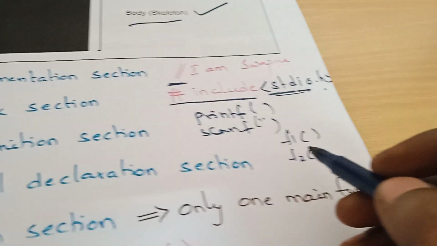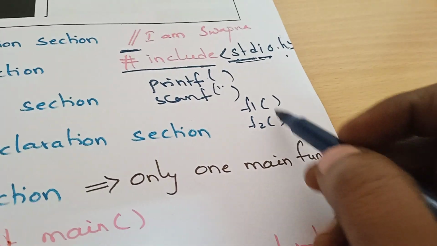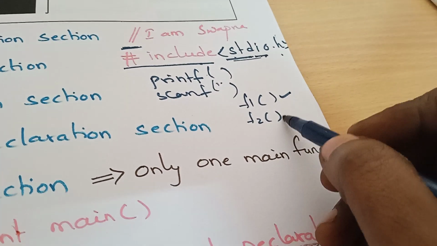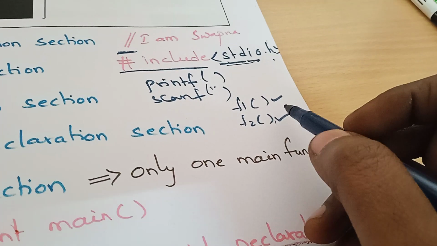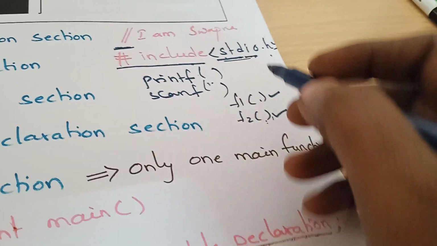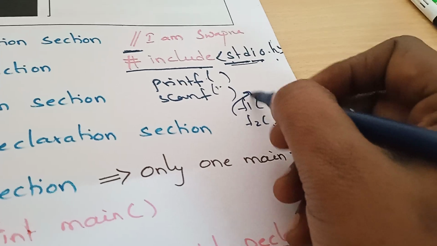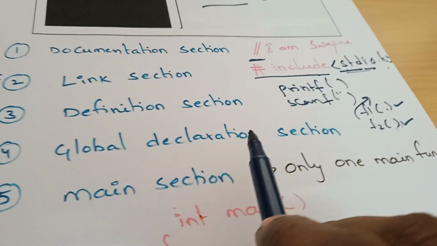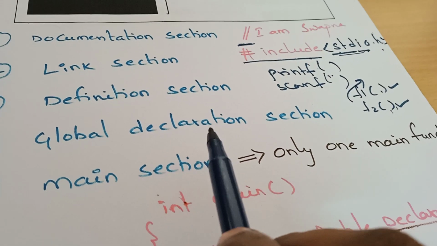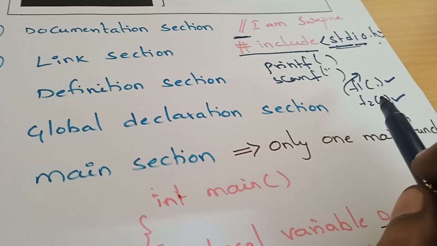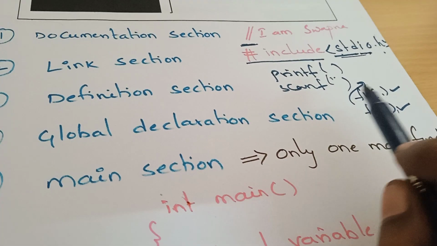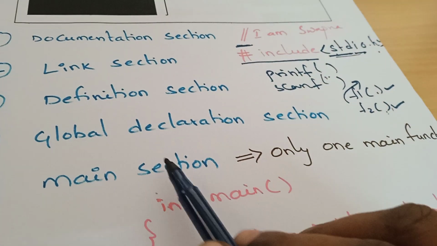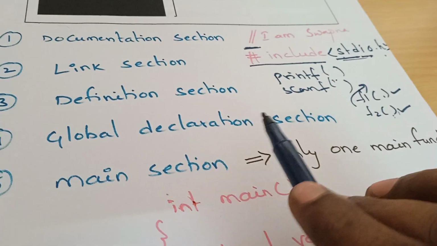If I want a common variable in these two functions, it is not required to create a variable separately in each. As it is a common variable, we declare it above all. Such variables are called global declarations.